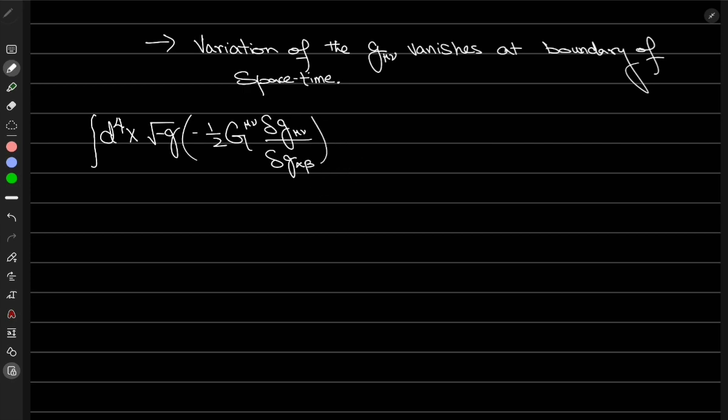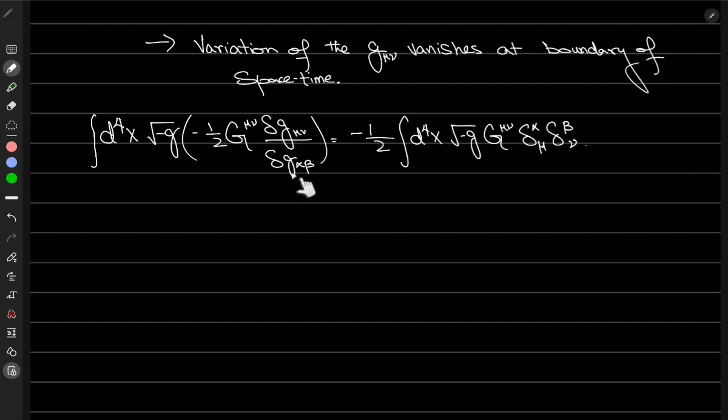Right, so what is this equal to? This is simply your minus 1 by 2 will come outside, and in the integral you will have again d4x square root of minus g mu nu delta alpha mu and delta beta nu, right? So these are the Kronecker deltas that you see from this thing, right?